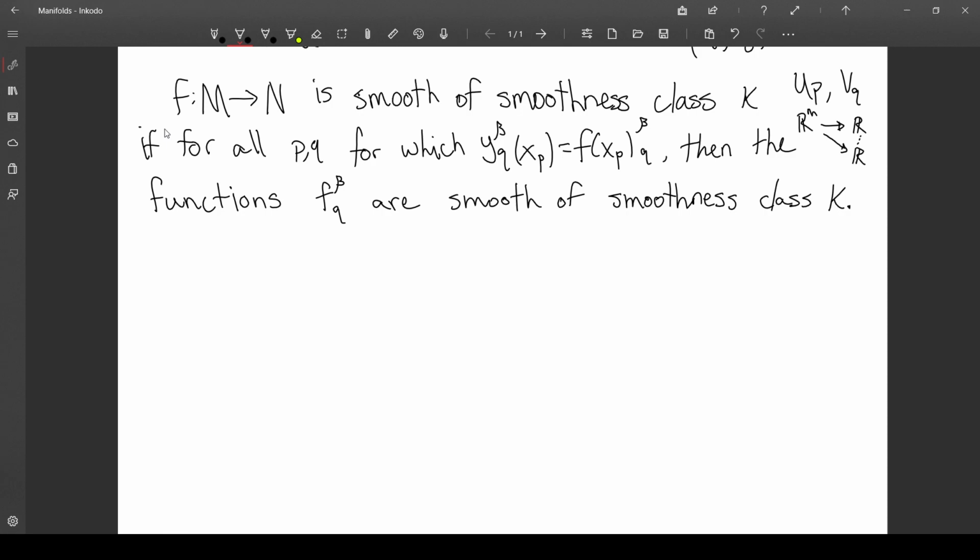Oh, smoothness class k means k denotes how many times you can differentiate and still have continuous functions.